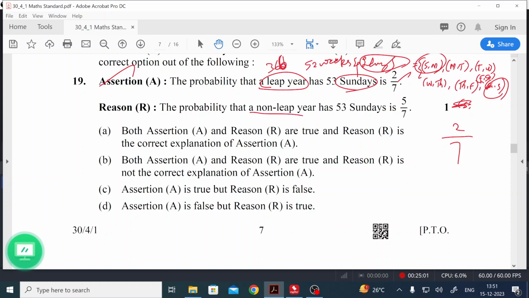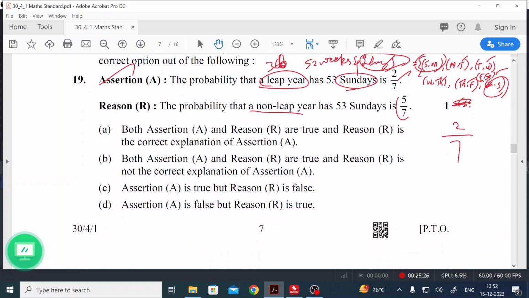Next, the probability that a non-leap year has 53 Sundays. It's wrong actually. They have given 5 by 7, which is for the failure, non-Sundays. That is wrong.